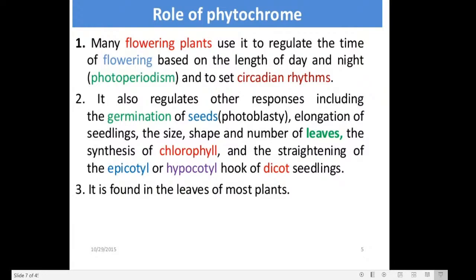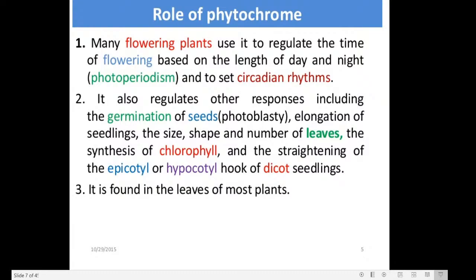Seed germination happens in mid dark conditions, because at that time the seeds absorb the far red light components, and red light absorbance also stimulates the growth. This germination process is also called photoblasty.